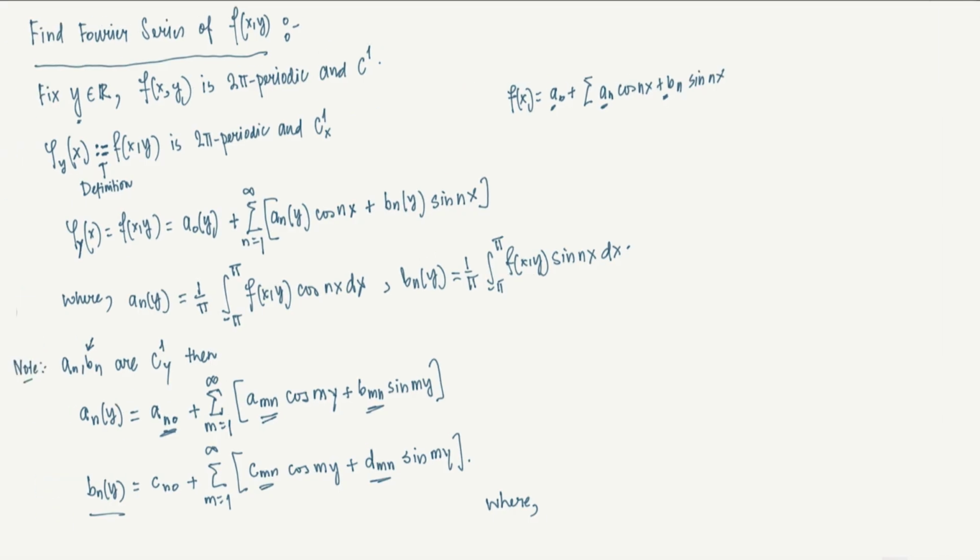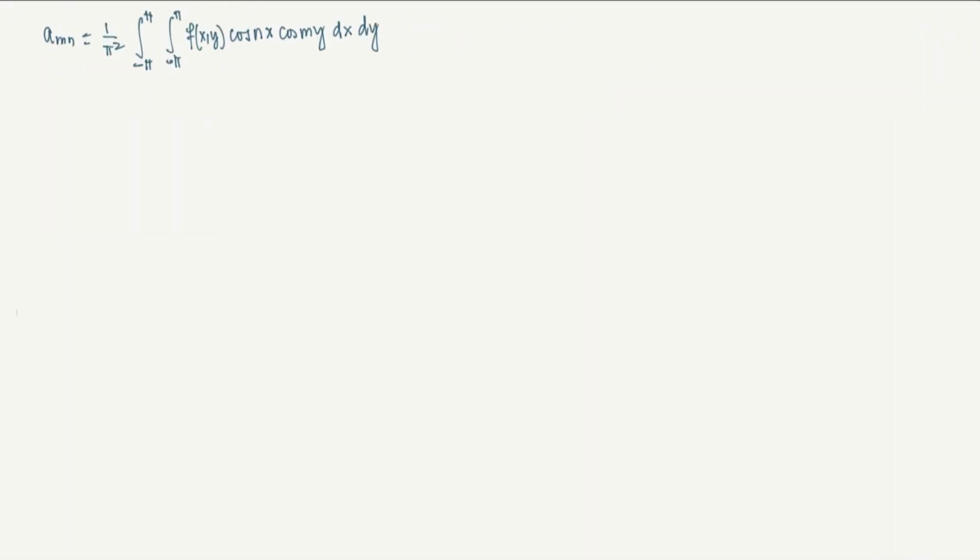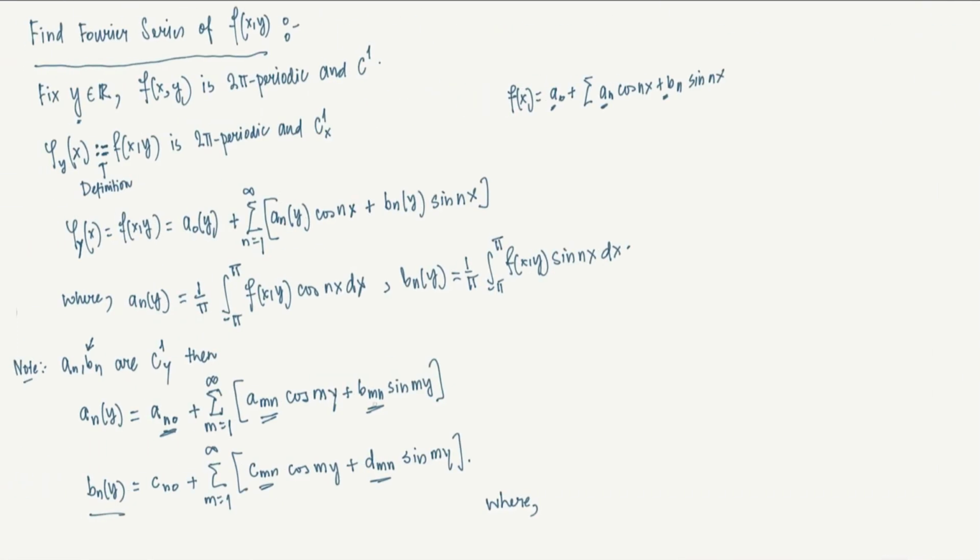Okay. What about b_{mn}? b_{mn} is 1 by pi square, integral from minus pi to pi, minus pi to pi, f of x y. Okay, one second, let us check. b_{mn}, right?